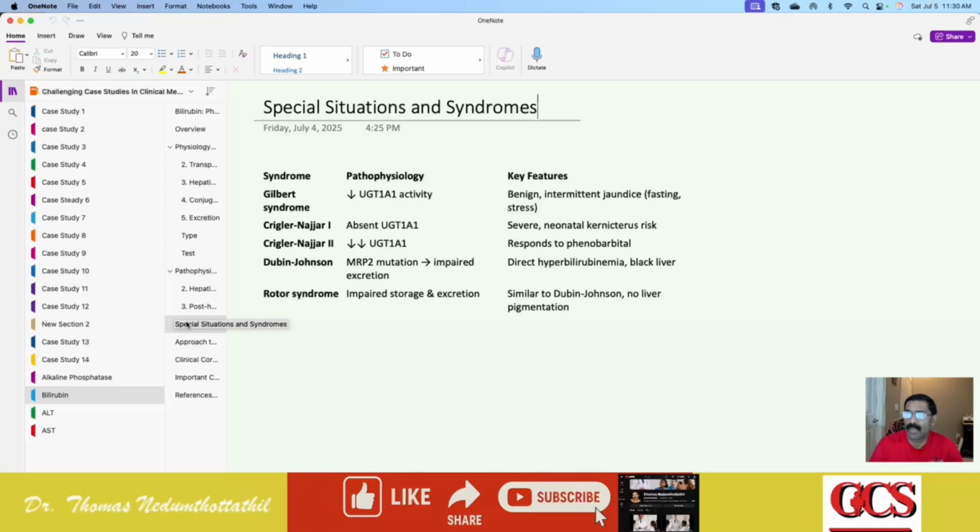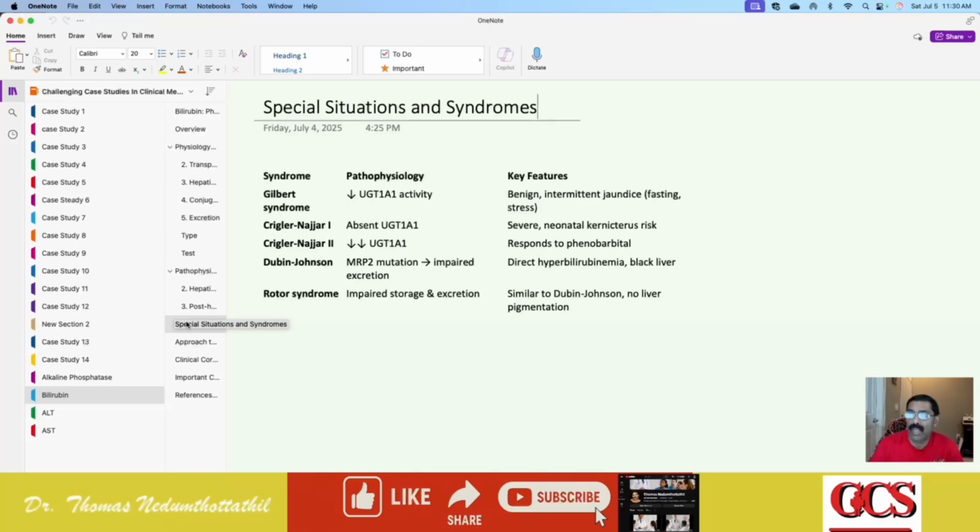Crigler-Najjar syndrome type 1 is due to absent UDP glucuronyl transferase 1A1 activity and is associated with severe jaundice and increased risk of neonatal kernicterus. Crigler-Najjar syndrome type 2 is due to significantly reduced activity of UDP glucuronyl transferase 1A1, and the jaundice associated with this condition responds to treatment with phenobarbital.